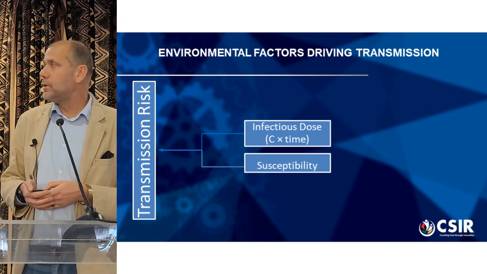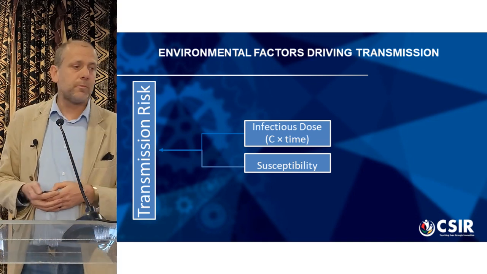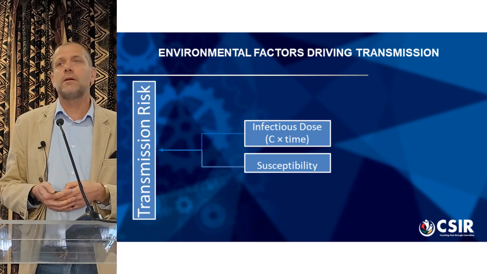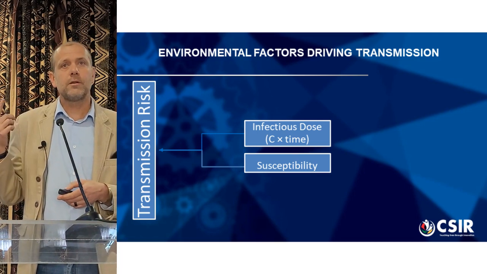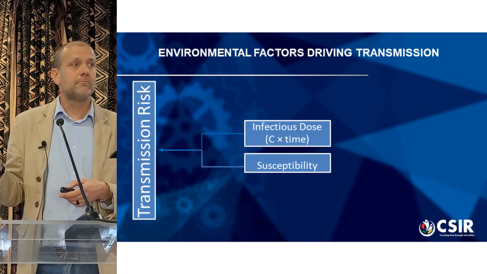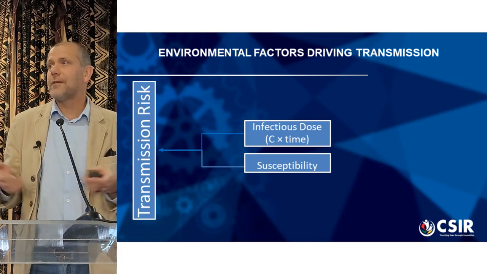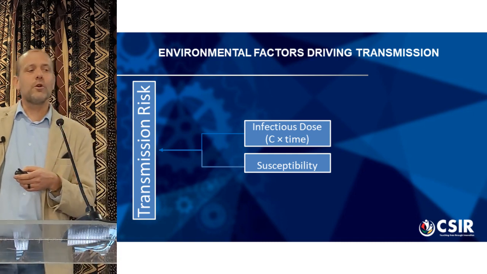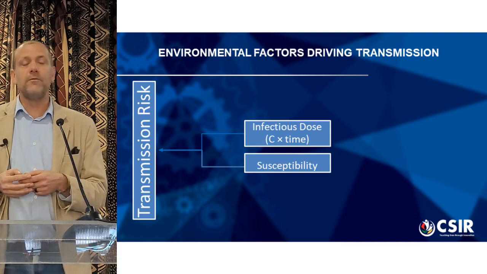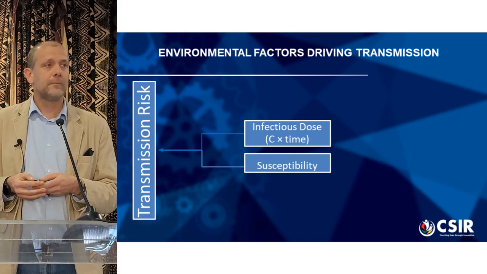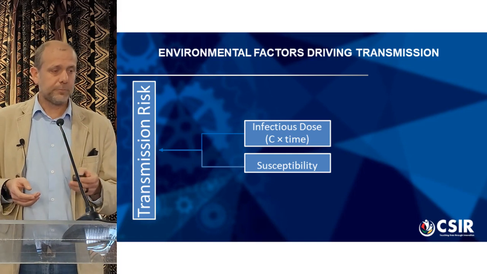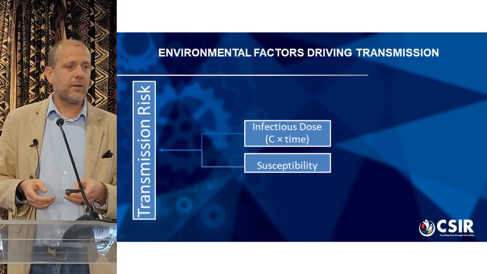Would we agree that two major components which factor into transmission risk are infectious dose and susceptibility? Okay, we're happy. Which one of those would you say is an environmental factor? It's the infectious dose. Okay, so let's expand on that.